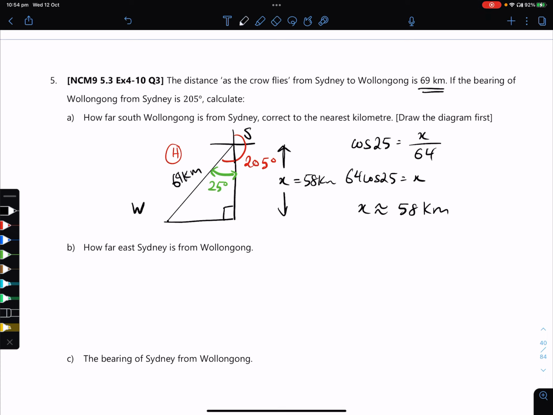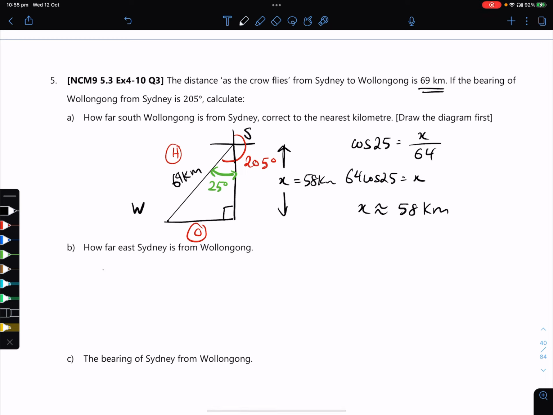Okay. Now it says how far Sydney is east from Wollongong. So from Wollongong, how far is Sydney, which is up here, horizontally across? Okay. So we can actually do that by using trigonometry once again. So we've got the opposite side this time of 25 degrees as well as the hypotenuse of 69.